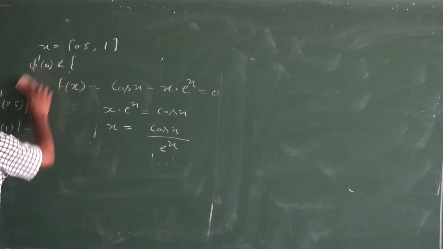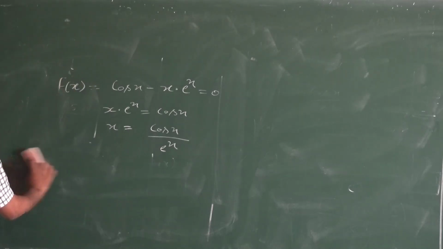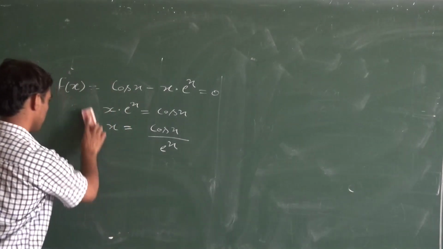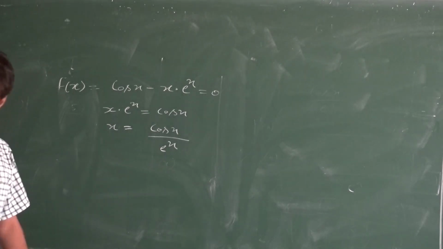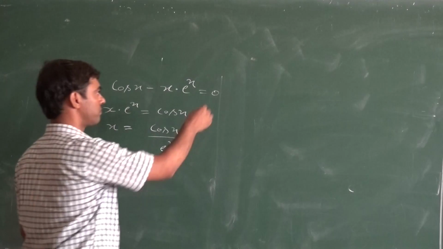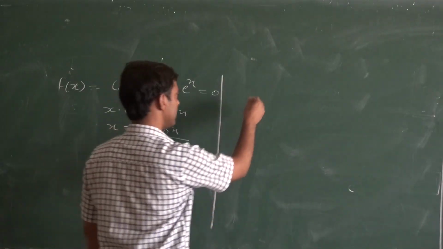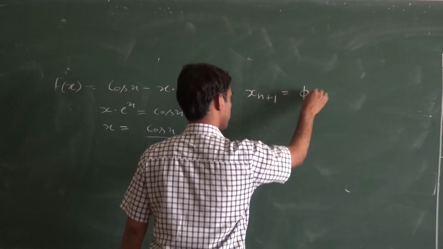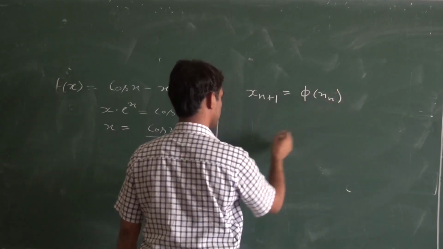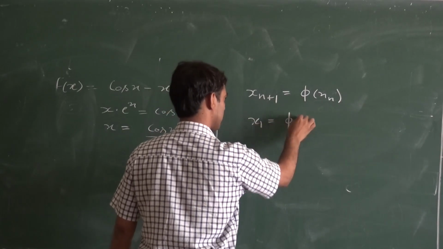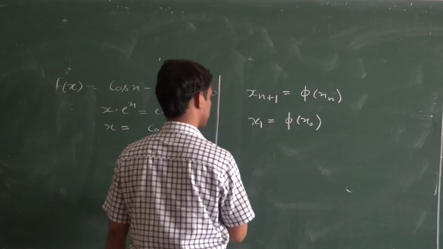So now we try to solve this with the help of the iterative method. What is the iterative scheme? x(n+1) equals φ(xn). So x1 equals φ(x0).